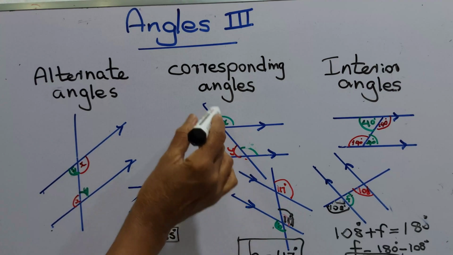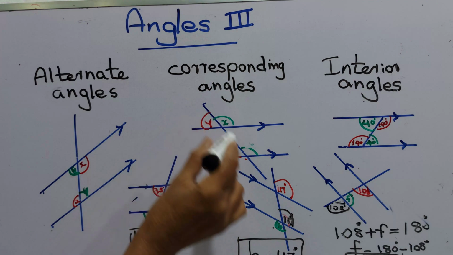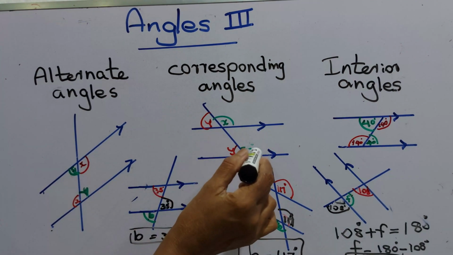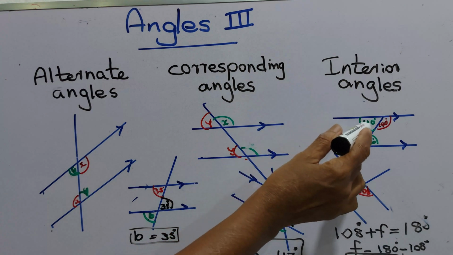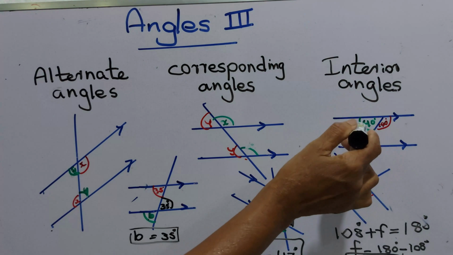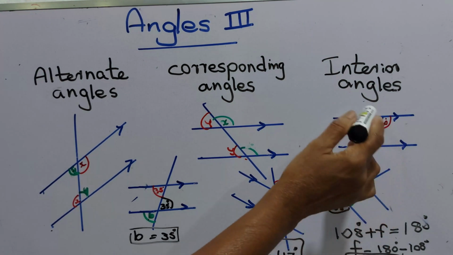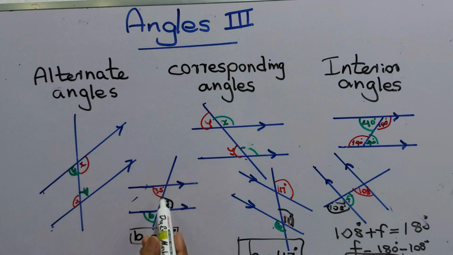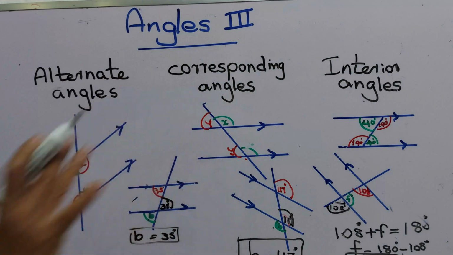Sets of angles are called corresponding angles. Both angles are equal and can be found in F shapes. Interior angles are angles between two parallel lines. These angles add up to 180. When we follow these points, we can find any value of angle according to this.